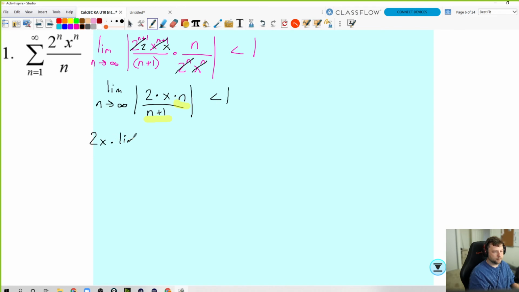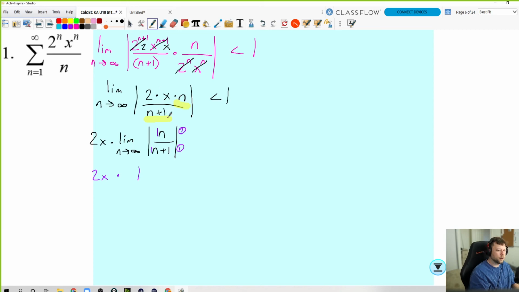Times the limit. Well, and because it's a positive 2s too. Almost think about it like this. It's actually just like n over n plus 1. And what would be this limit right here? They both have a degree of 1 on top and bottom. So it means the limit for these two things is just the coefficients, 1 over 1. So this is just going to be 1 times 2x. We're still absolute value, right?